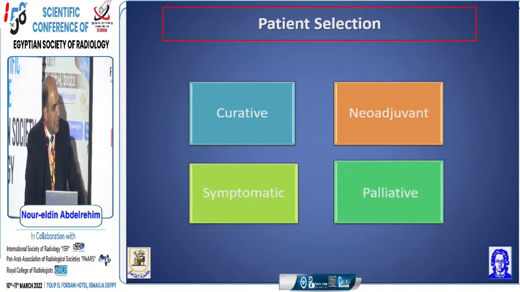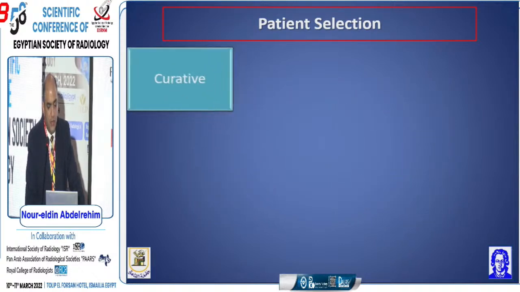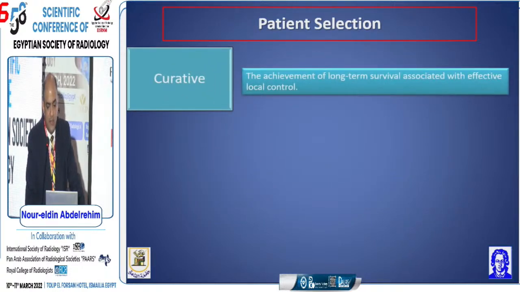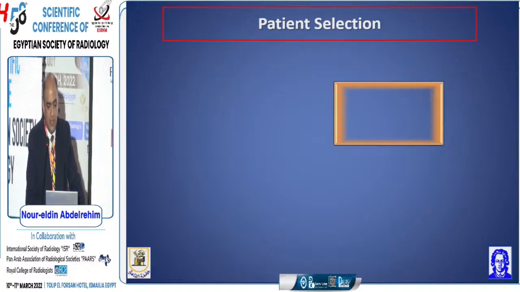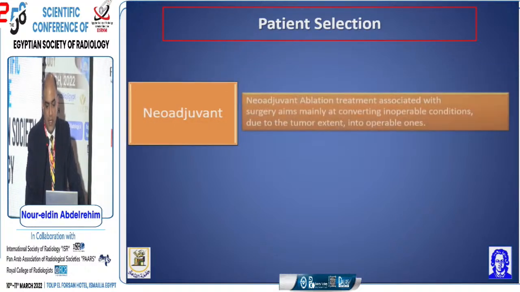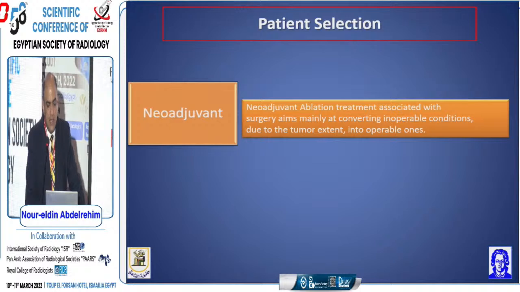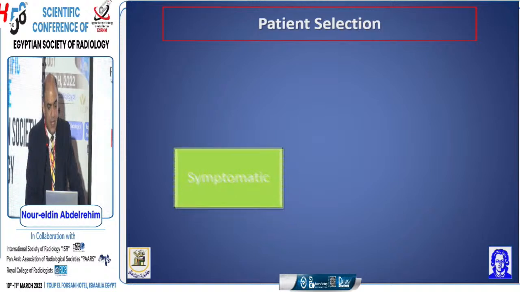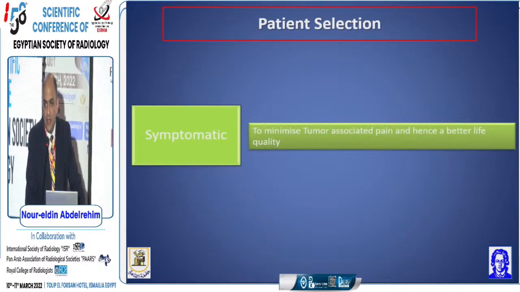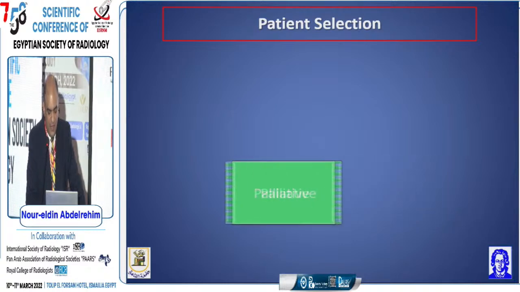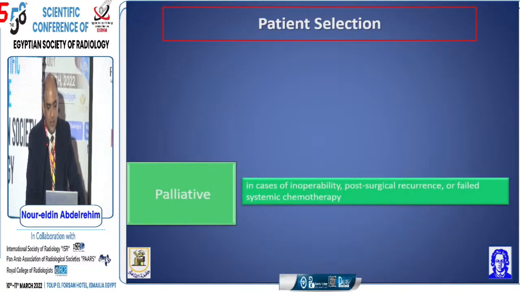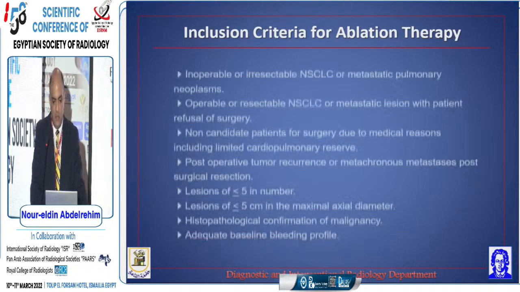The intention is either curative, in order to induce long-term survival associated with effective local tumor control; neoadjuvant, in combination with other treatments like surgery to convert inoperable cases into operable cases; symptomatic, to control pain in cases of metastatic deposits at the chest wall to improve quality of life; and palliative, in cases of inoperability, post-surgical recurrence, or failed systemic chemotherapy.